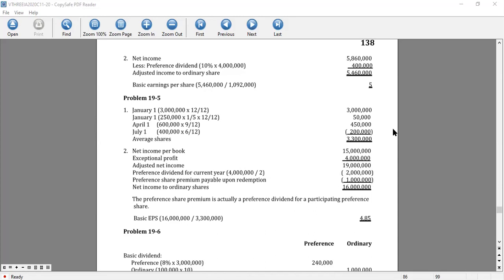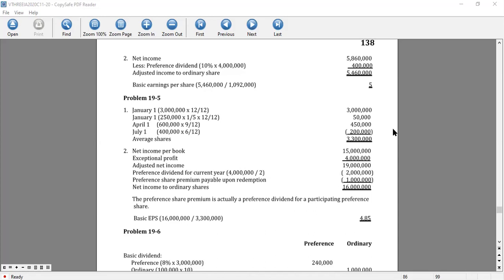So we have 400,000 shares. Then July 1 up to December 31, it's 6 over 12 or 200,000. So we deduct being shares in treasury. Total now of 3,300 shares, the average number of shares.